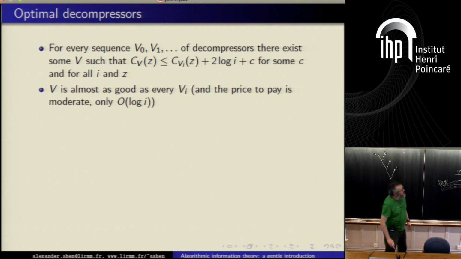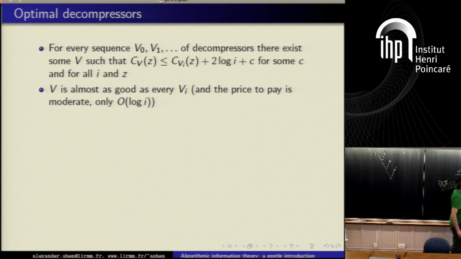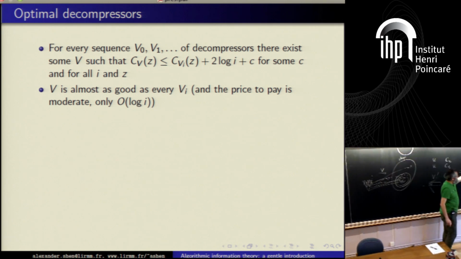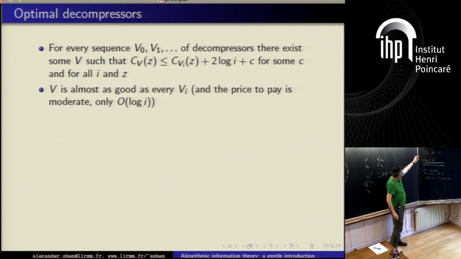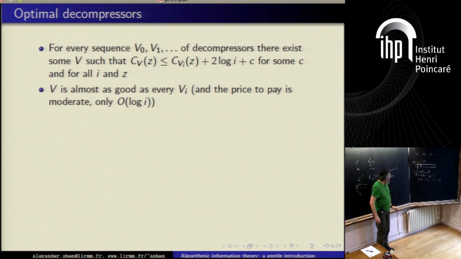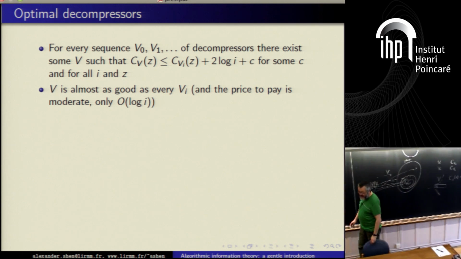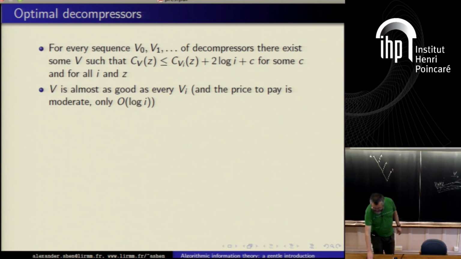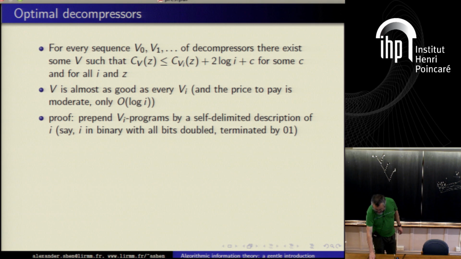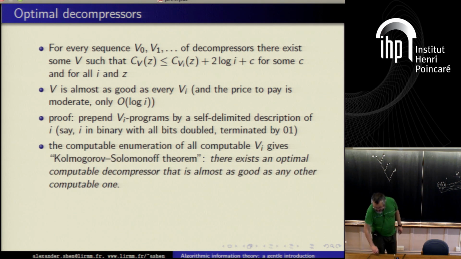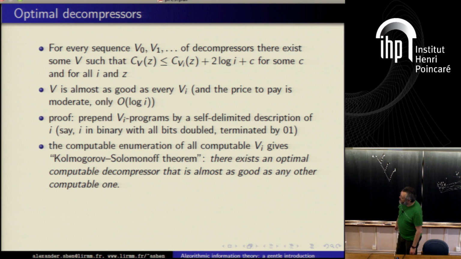We can enumerate all the interpreters for all possible languages, including very stupid ones, all computable functions, and then get something which beats, up to a constant, every computable thing. And this trivial observation is called the Kolmogorov-Solomonoff theorem.